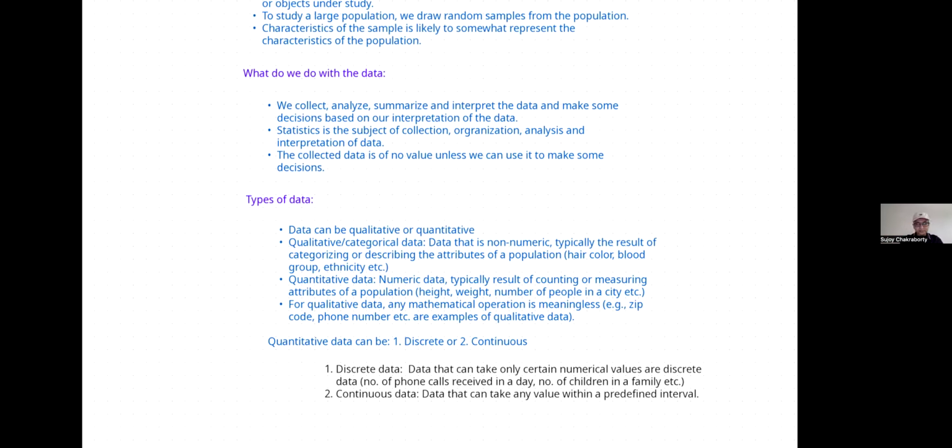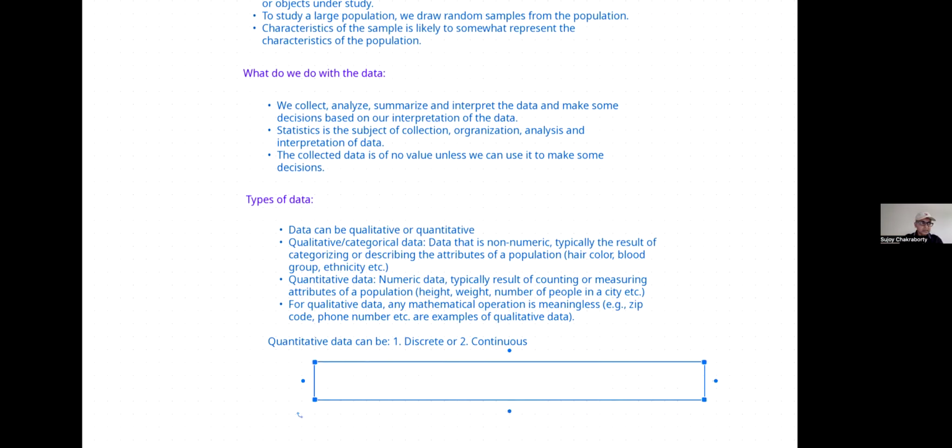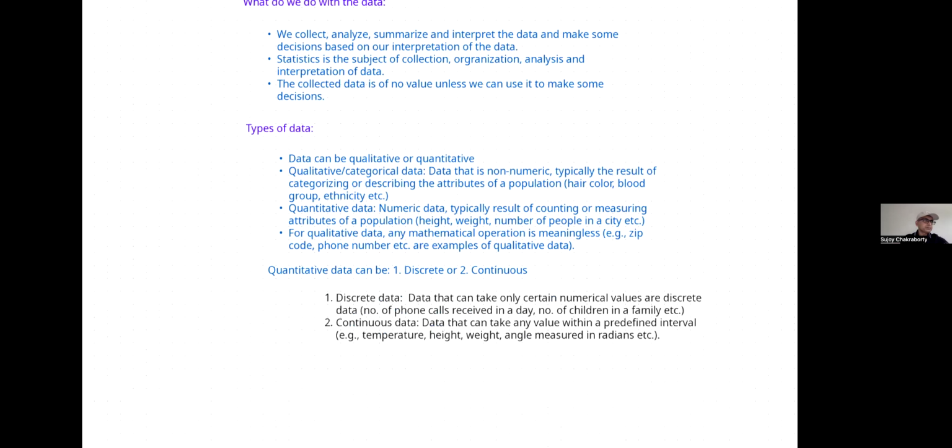So temperature, height, weight, and angle measured in radians, etc. are all examples of continuous data.